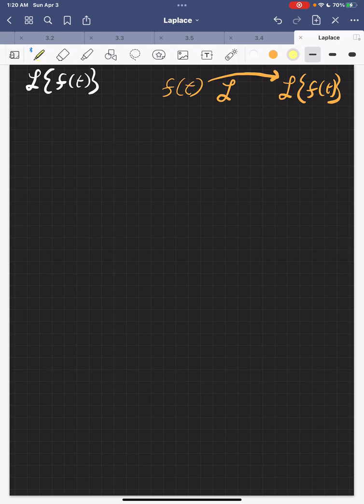So the first property that you want to make sure you understand is that these Laplace transformations are what we call linear transformations, right? Or linearity.